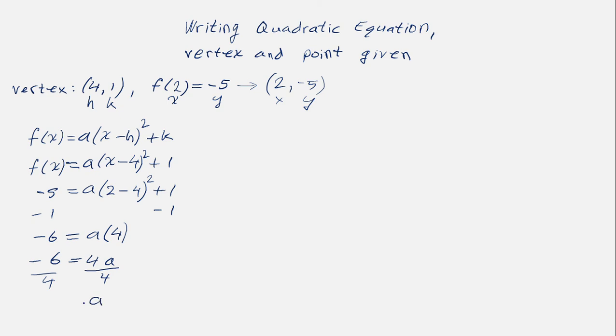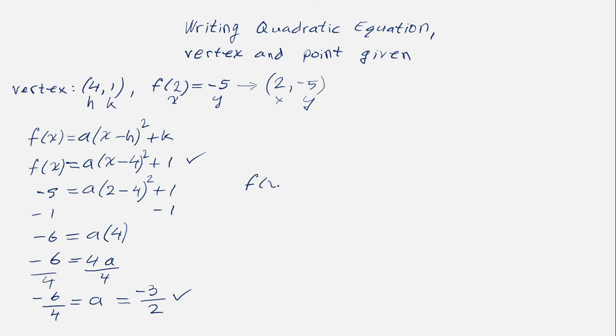so we get that a is equal to -6 over 4, which can reduce, so this is -3/2. A is -3/2. So now that we have this piece of information, and we already know that the function is going to look like this when we use our h and k, then we can finalize our expression.